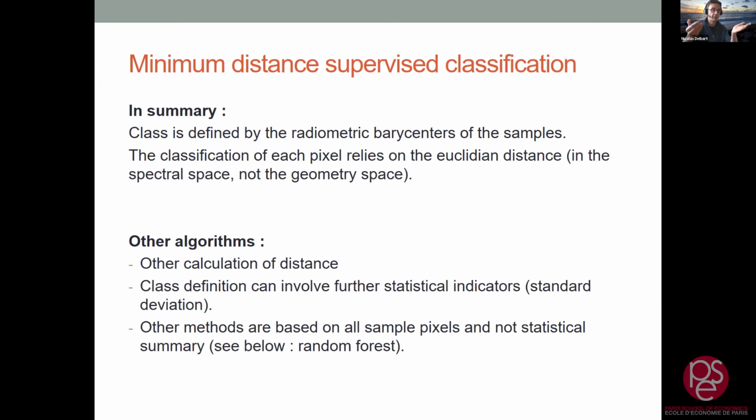So these are other possibilities that you can find in the software. Other algorithms include further statistical indicators like standard deviation, to take not only the barycenter but also its size within the spectral space. And we will see also other methods based on all sample pixels and not only on statistical summaries as previously. And I will detail random forest.